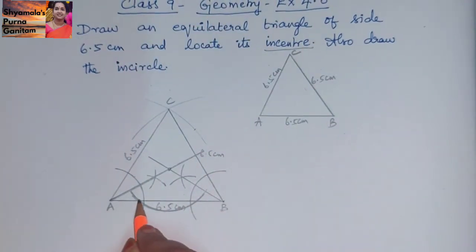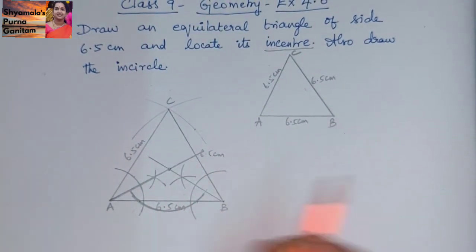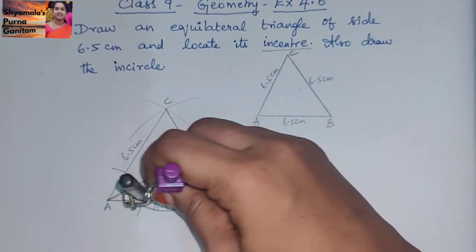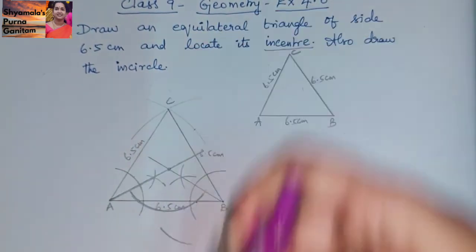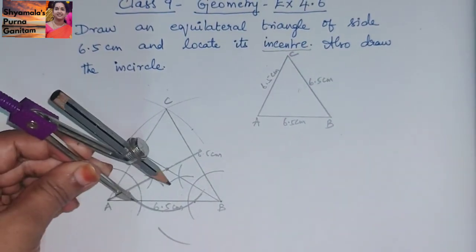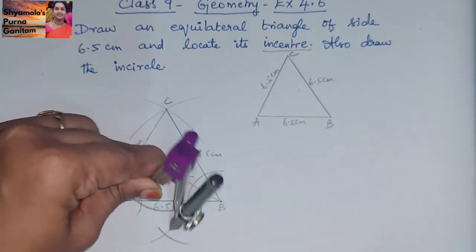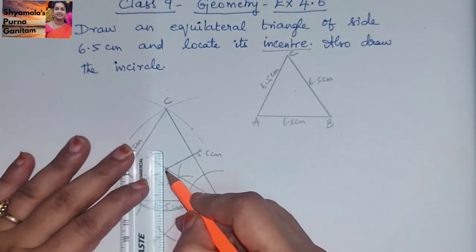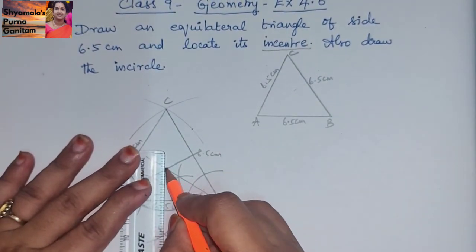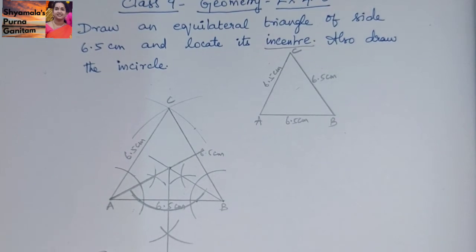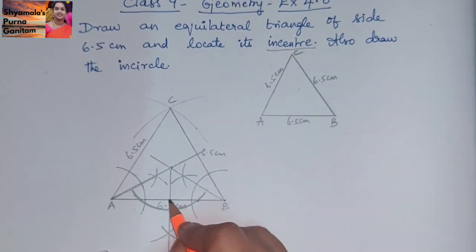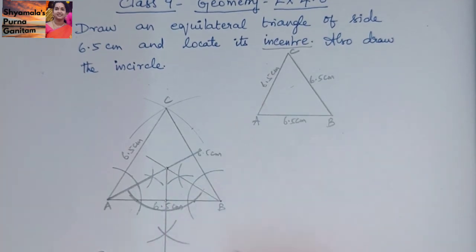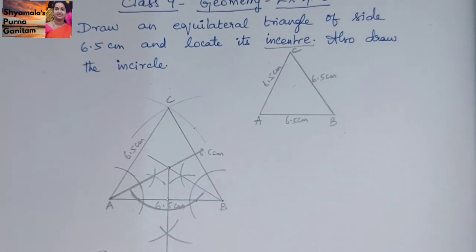From these 2 points, taking more than half, I will cut one arc. From the other point I will cut the previous arc. Then I will join the point and the arc. So I got a perpendicular line from the incenter.